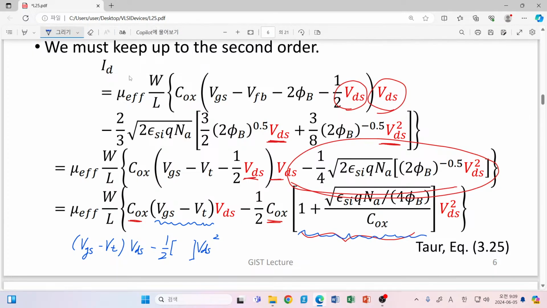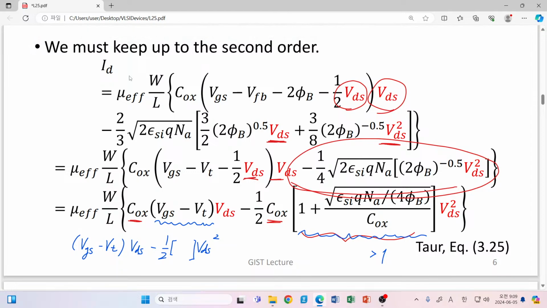So we can see that these two terms, COX and the square root of something, both of them are positive quantities, so we can say that at least this quantity is positive and higher than 1.